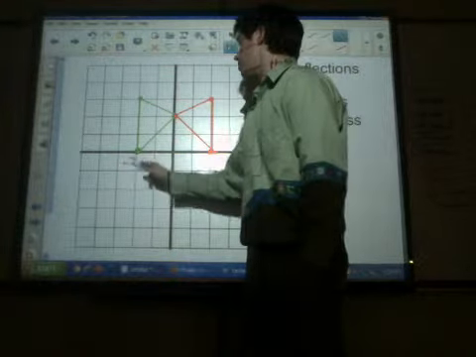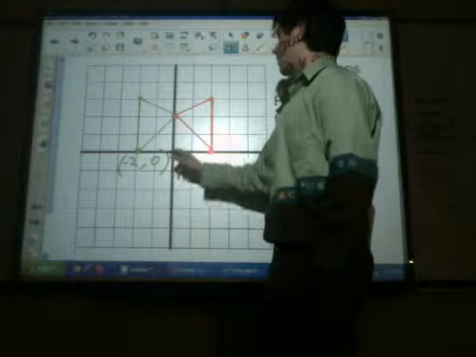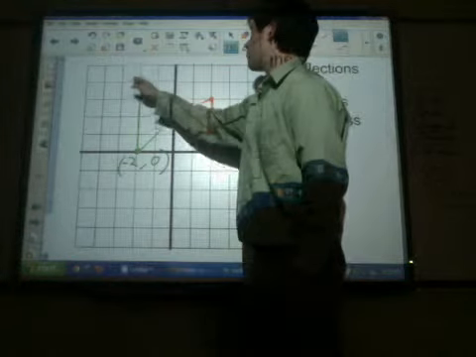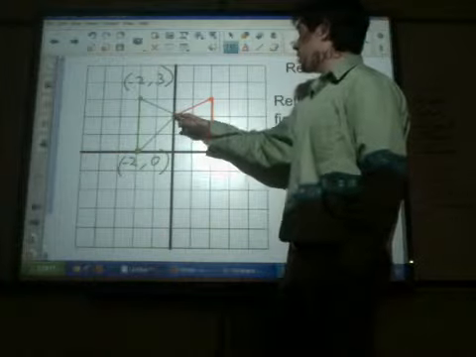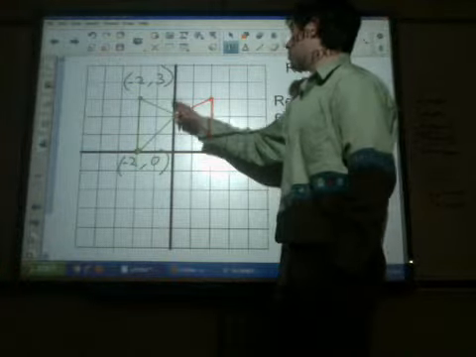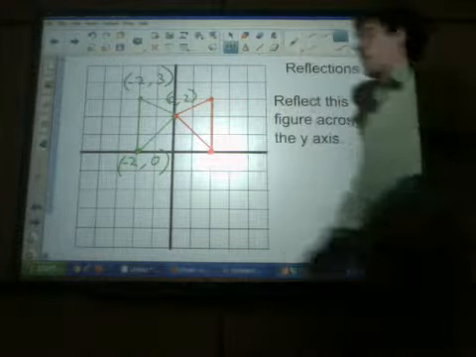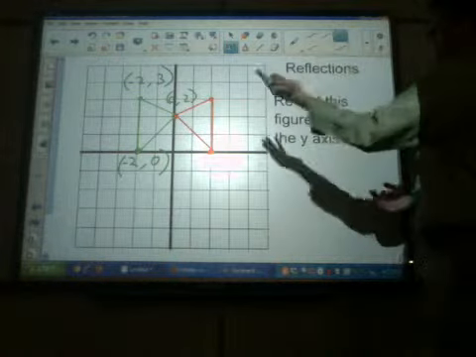This one here, we've got negative 2, positive 1, 2, 3. So negative 2, comma 3. And this one right here in the middle, we had 0, positive 2. 0, comma 2.